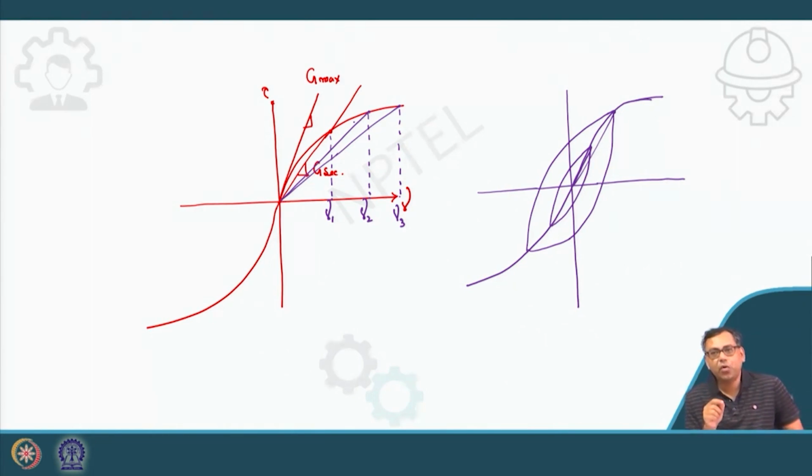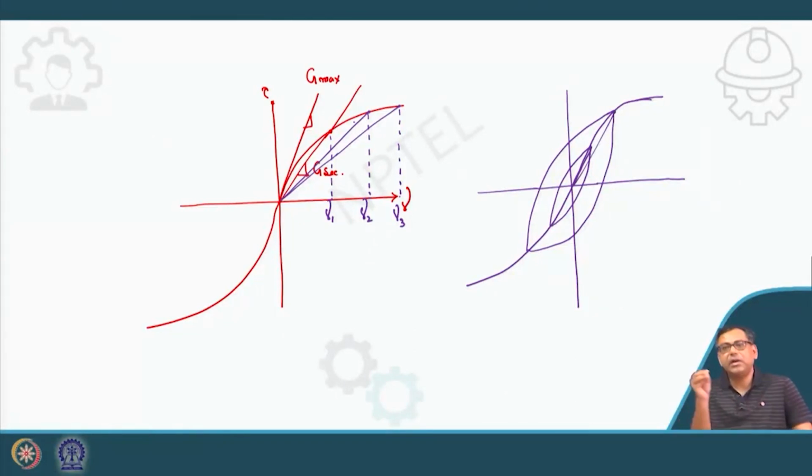Now if I go for the non-linear model, there also I want to produce this hysteresis loop, this stress strain behavior, with the help of the backbone curve. It will follow that backbone curve, but at the same time I can generate that hysteresis loop or this stress strain plot.